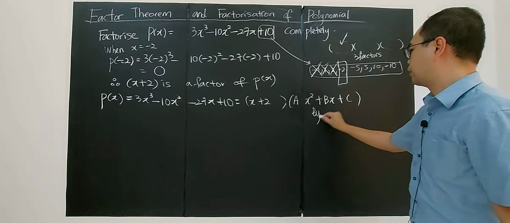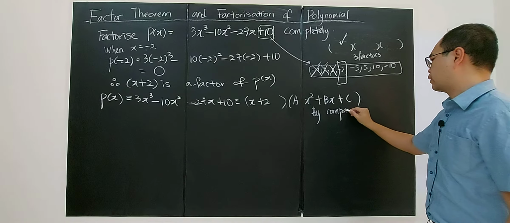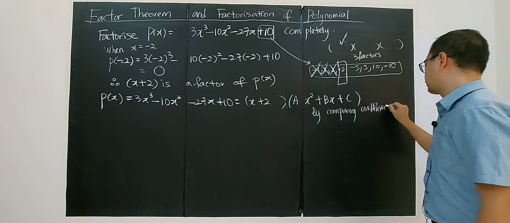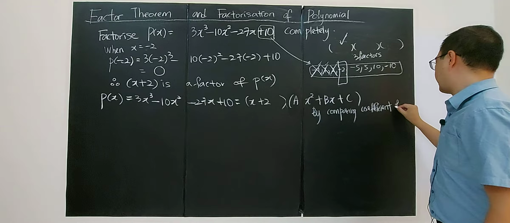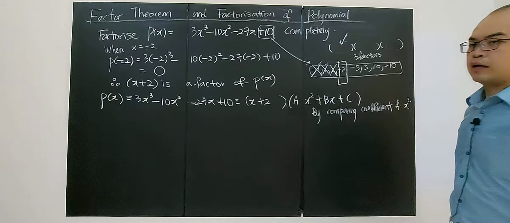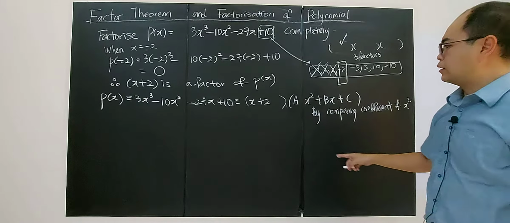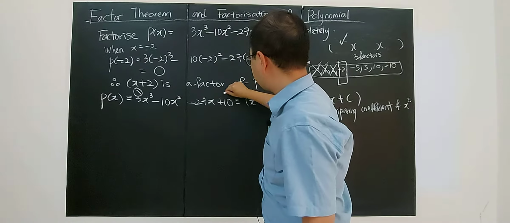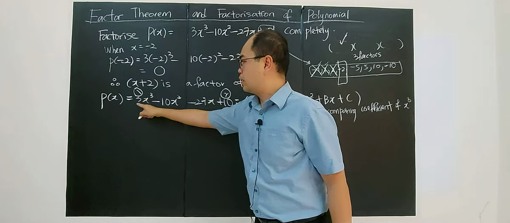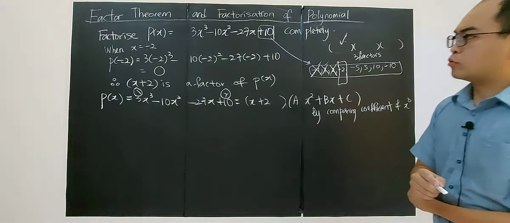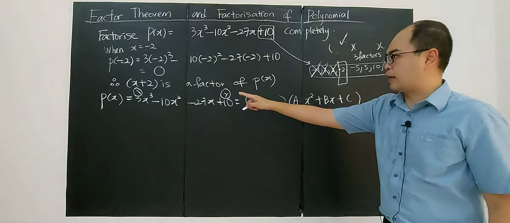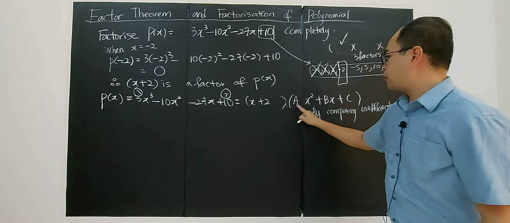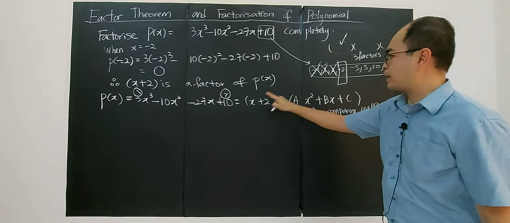By comparing the coefficient of x cubed, you look at the first and the last terms, the leading term and the ending term. 3x cubed must be x multiplied by ax squared, because x squared and x give x cubed.